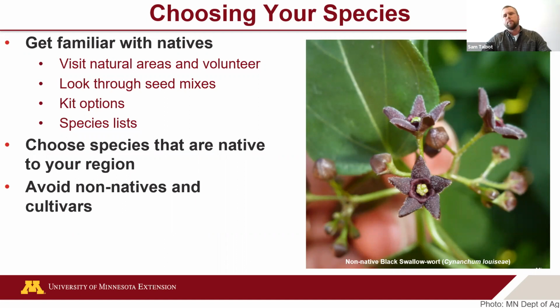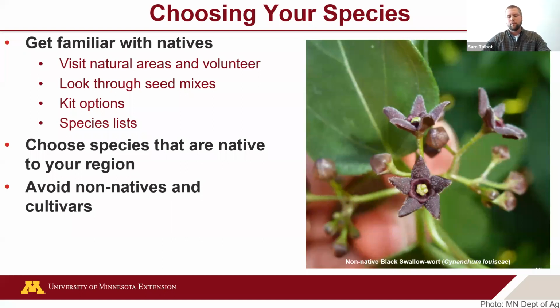And we see this sometimes with our non-natives. The pollinator will see it as an opportunity, but it really isn't. So this is a little bit more on the extreme side, but just to point out that sometimes, even if it's of the same family or a similar species, it just doesn't function the same way. So if you want to use cultivars or nativars, maybe do a little bit of research.